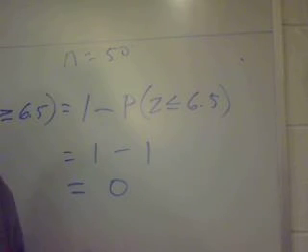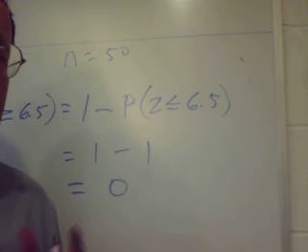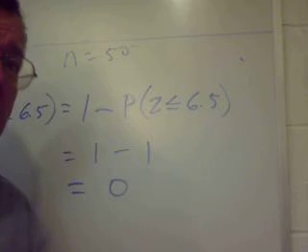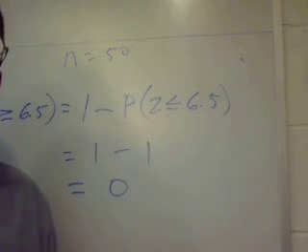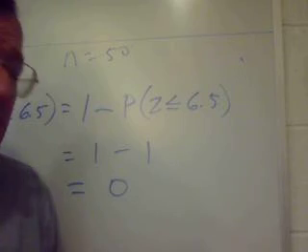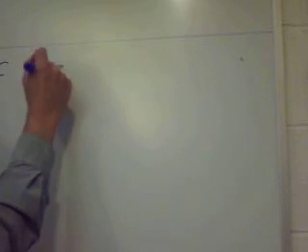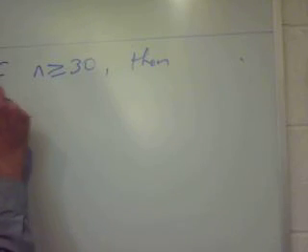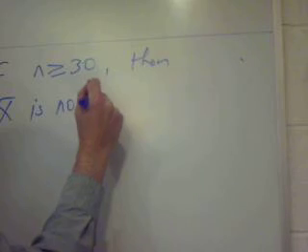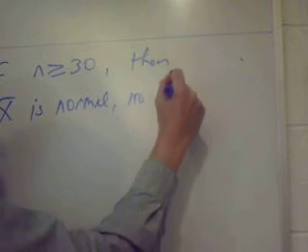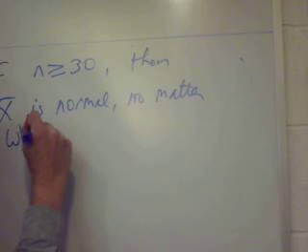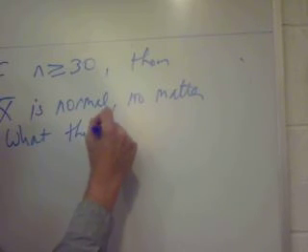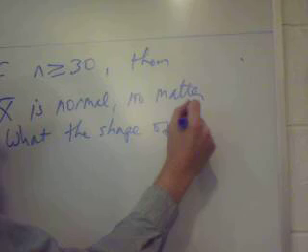Now, one last thing. Remember I said if x is normal, x bar is normal. Well, there's one other fun fact you need to know, and that is if n is more than 30, then x bar is normal no matter what the shape of x is.